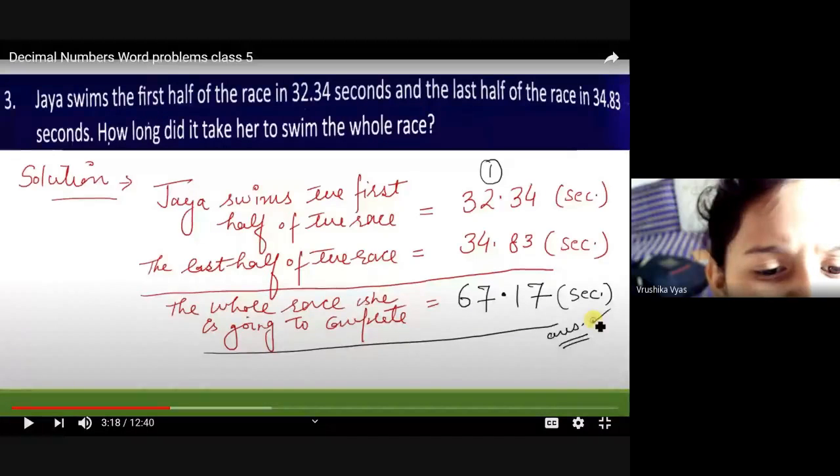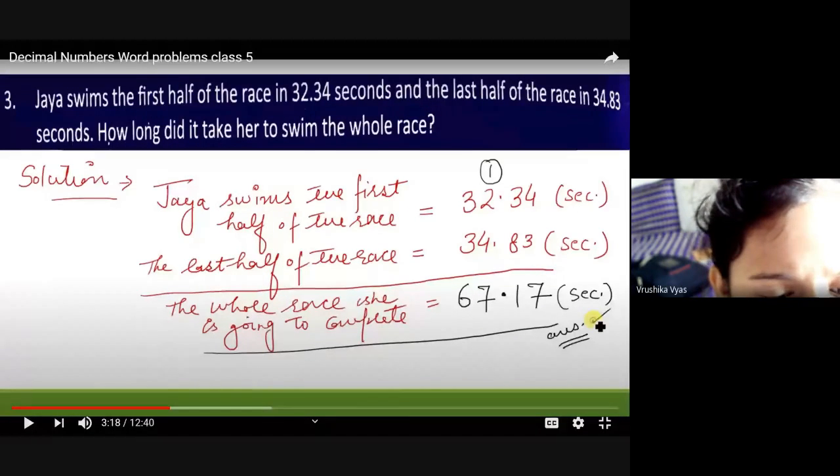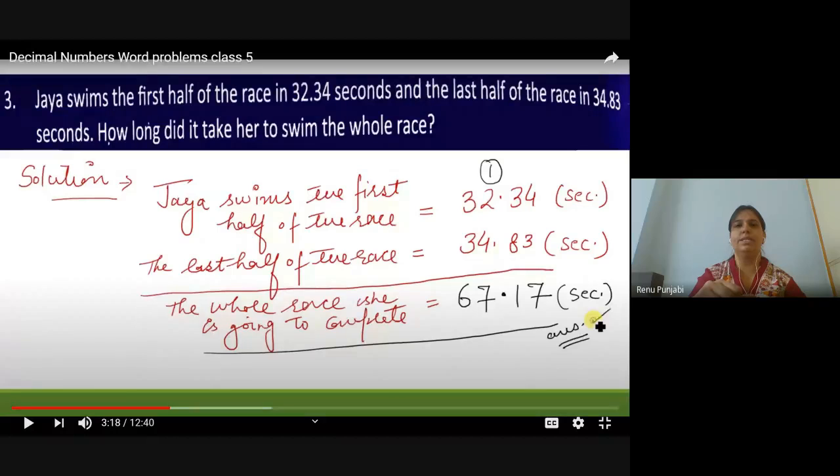Ma'am, what is written, Jaya swims? Jaya swims the first half of the race in 32.34 seconds. The last half of the race, 34.83 seconds. And the whole race she is going to complete is 67.17 seconds.